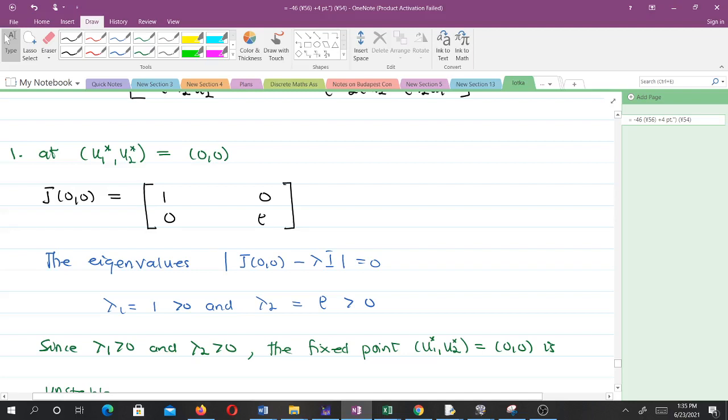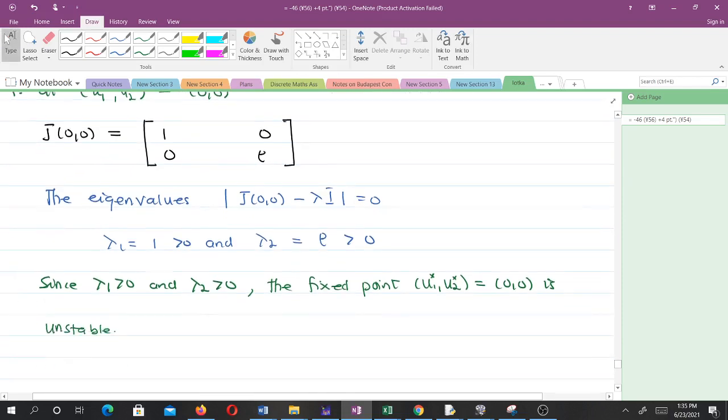Okay, so it means that the fixed point 0, 0 is unstable. That means that when we have very, very few of the two species, the system will be unstable because they are going to grow exponentially.